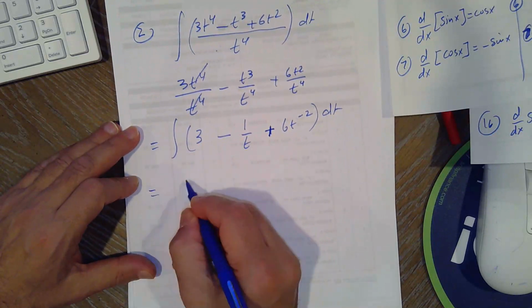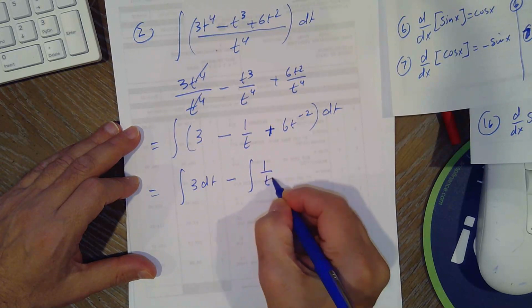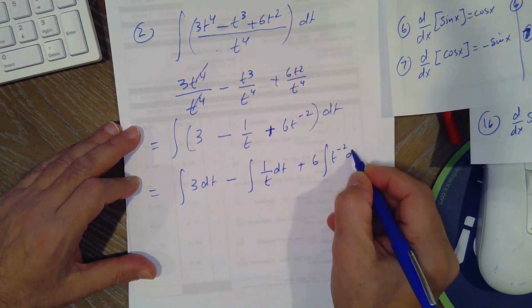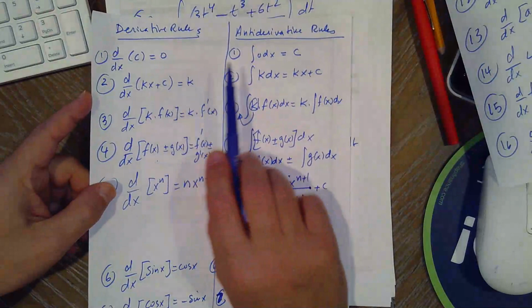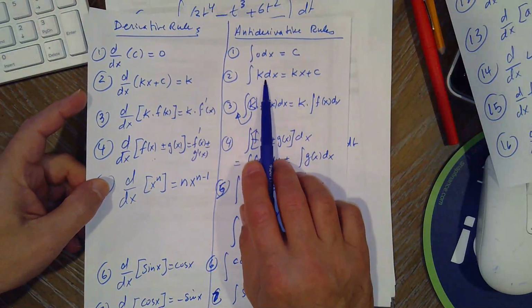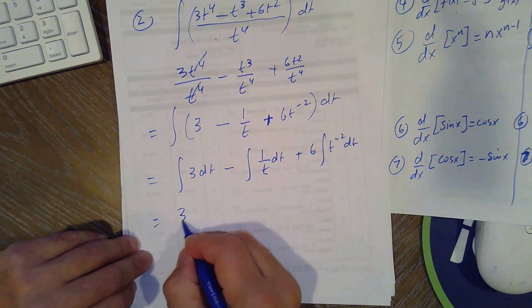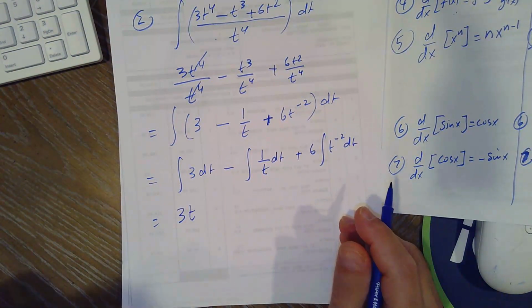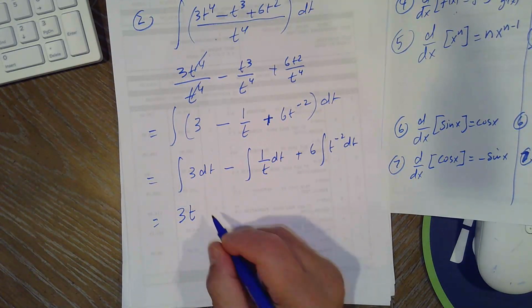Now we're going to split it up. Integral of 3 dt minus integral of 1 over t dt. 6 will come out, it's a constant. And we have a rule for integral of k. It's going to be kt plus c, so it's going to be 3t plus c. We'll leave the c on the other hand, because the derivative of 3t is 3 if t is the variable.